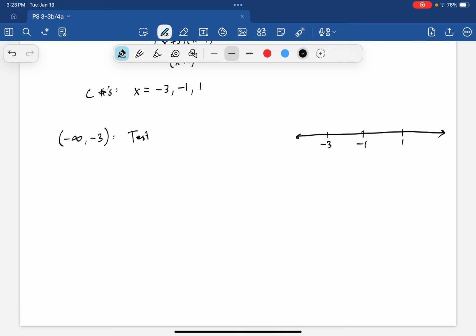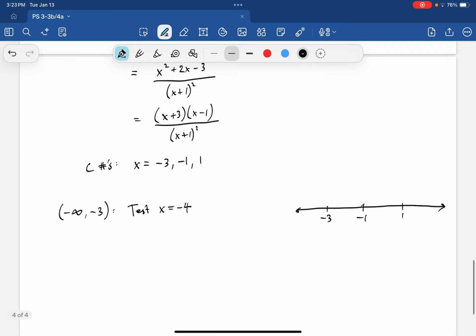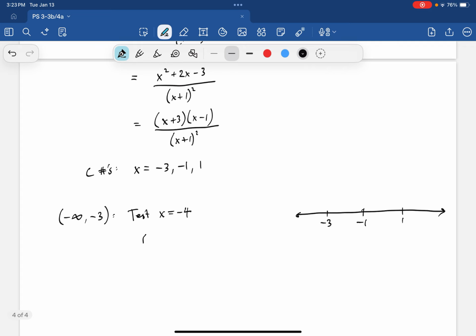Let's test x equals negative 4. All right, what is f prime of negative 4 going to be? If we plug that in, we're going to get, in the numerator, negative 1 times negative 5, so it's 5 over 9. That's positive, certainly.